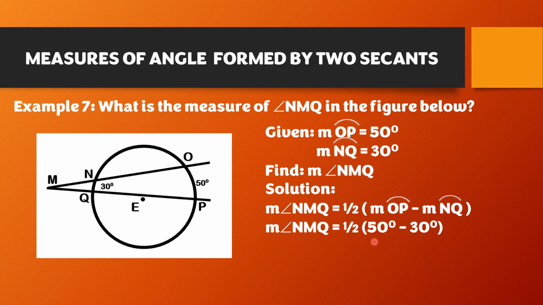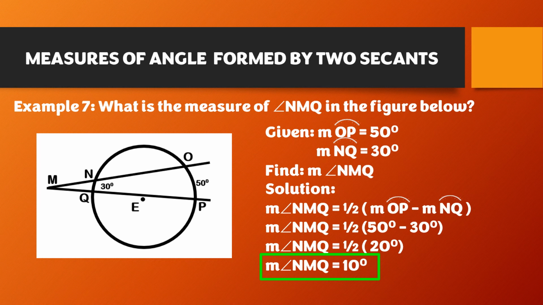So we have 50 degrees minus 30 degrees is equal to 20 degrees. And the half of 20 degrees is 10 degrees. So therefore, the measure of angle NMQ is equal to 10 degrees.